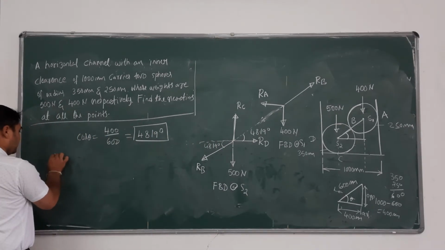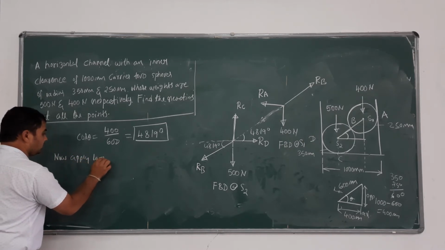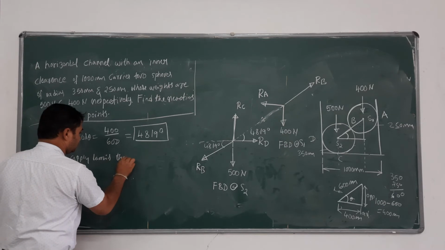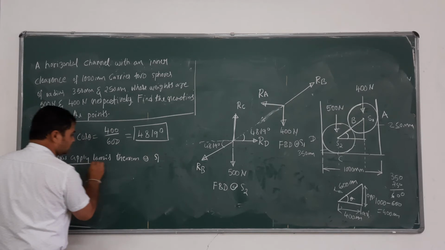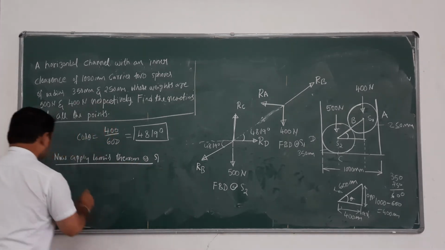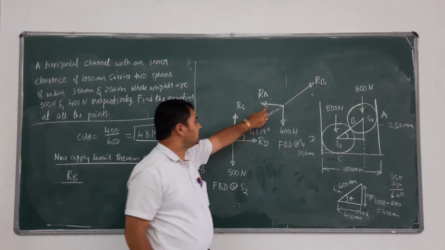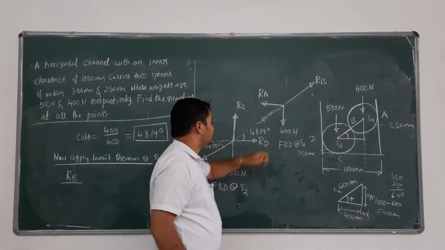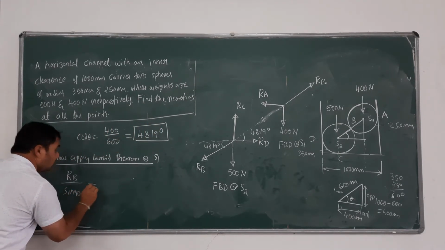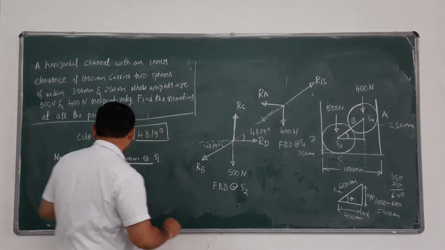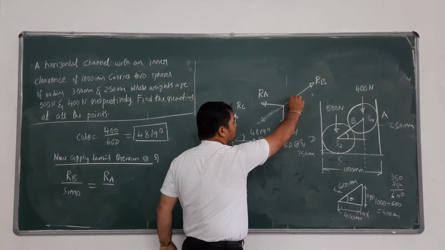Now apply Lami's theorem at sphere 1. RB by the sine of the angle between the other two forces, which is 90 degrees, sine 90, is equal to RA by the sine of the angle between the other two forces.